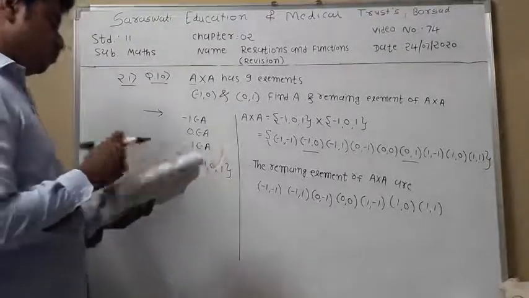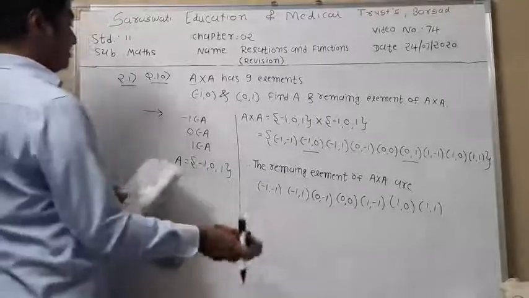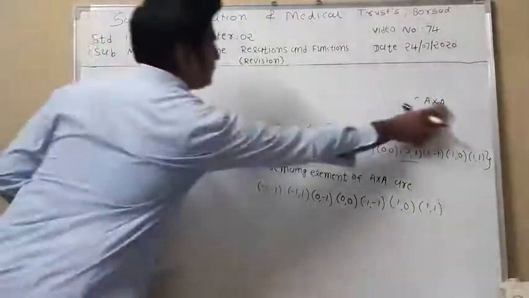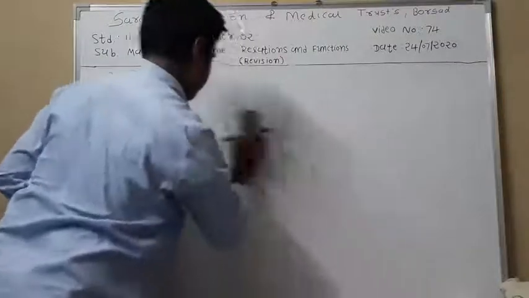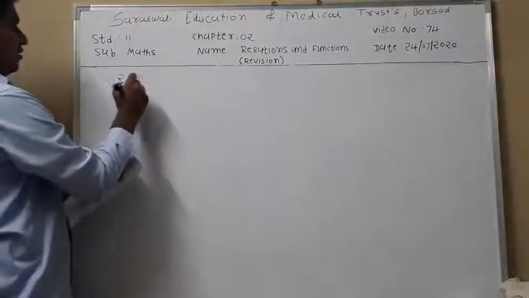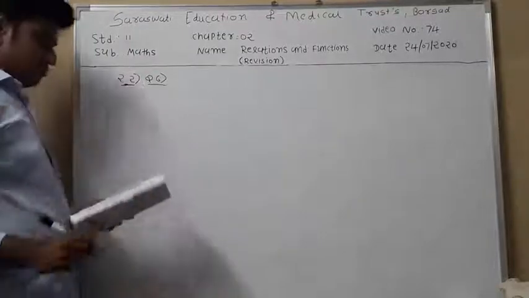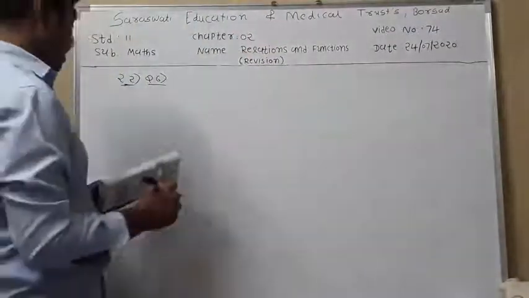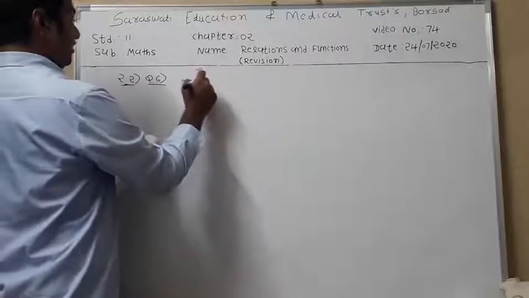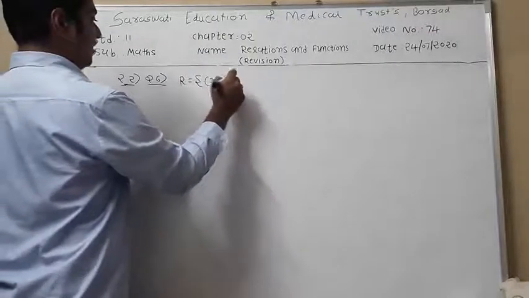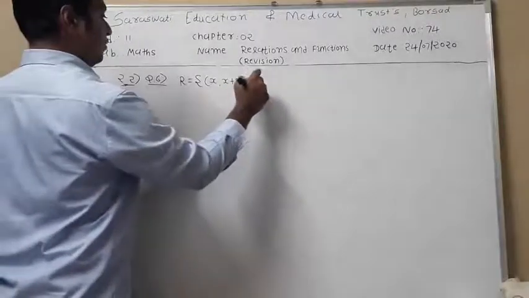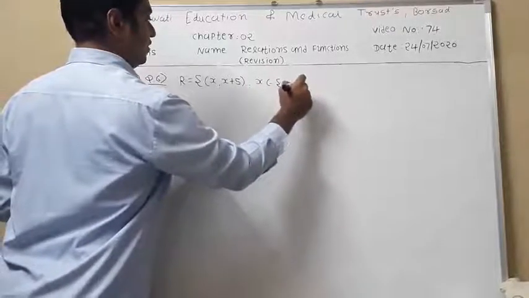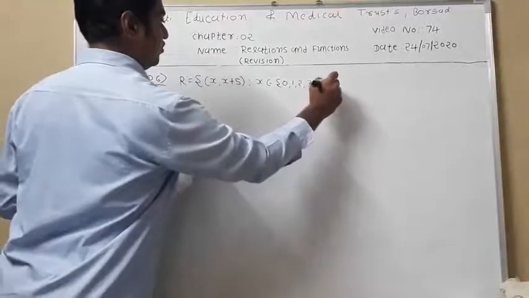Exercise 2.2, question number 6. Now the question asks: determine the domain and range of the relation R defined by R equal to the set {(x, x+5) : x belongs to the set {0, 1, 2, 3, 4, 5}}.